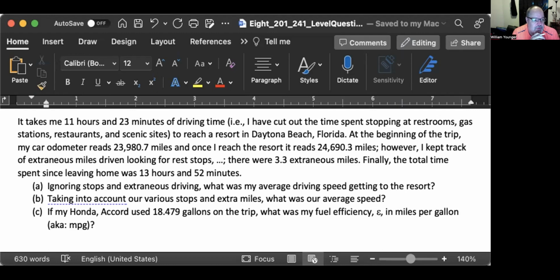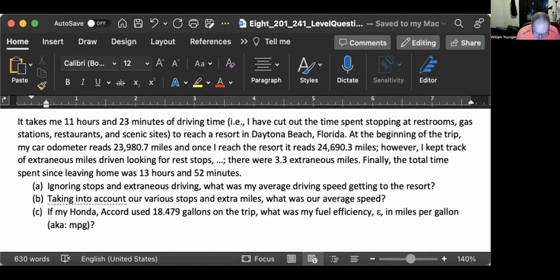So the first thing you might notice is it takes me 11 hours and 23 minutes. And because I don't want to forget these valuable numbers while it's still up, I'm going to go ahead and write down the time. So road time is 11 hours and 23 minutes.